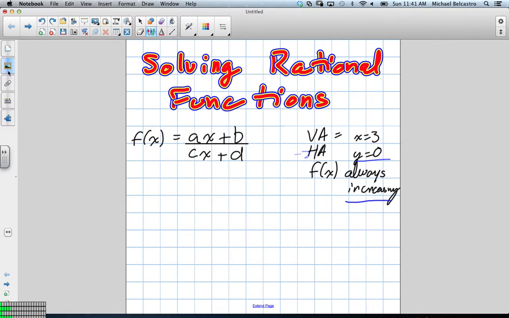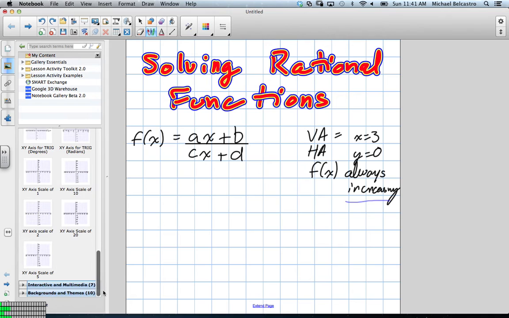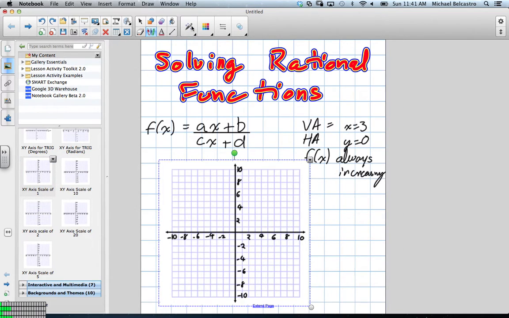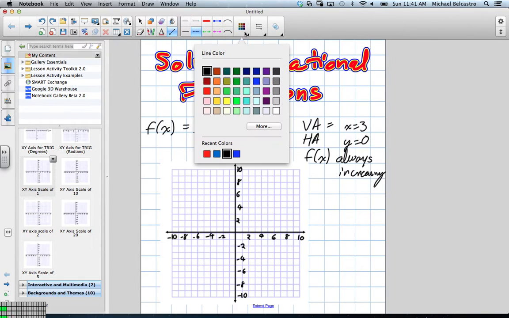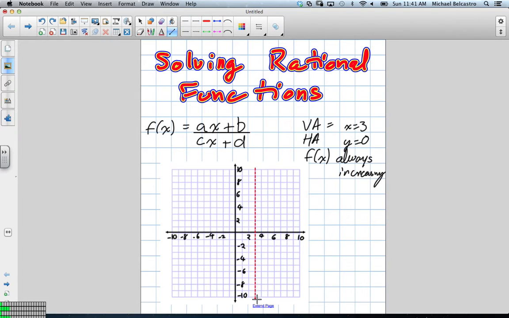We'll actually put a graph up here to help us out. So, from the information they gave us, we have a vertical asymptote at positive 3. Okay. So we'll draw a line through that. Positive 3, we have our vertical asymptote.